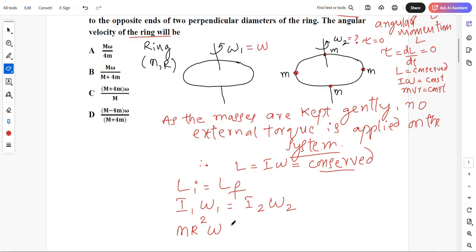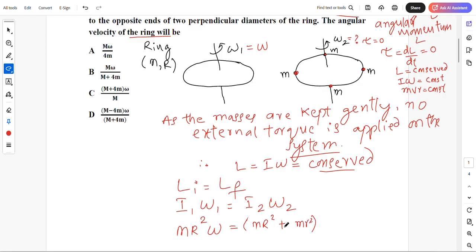Omega 1 is equal to, what is I2? The moment of inertia of the system is m r square plus the contribution of the masses kept. Four masses are kept. The moment of inertia of a point mass is m r square.